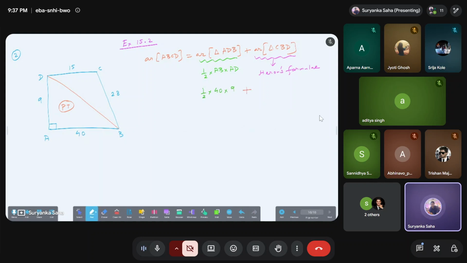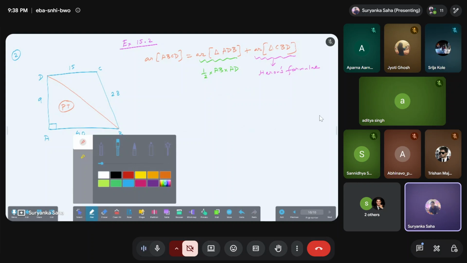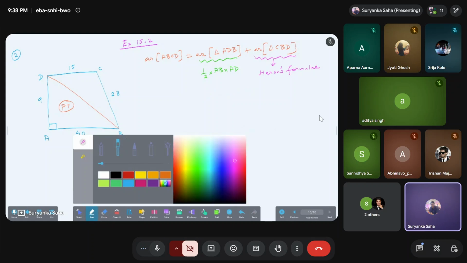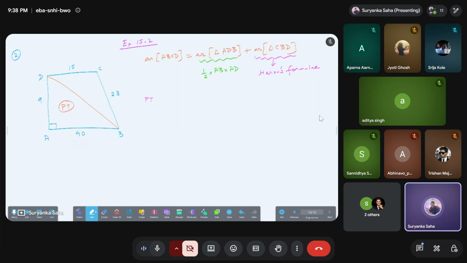So we will find out separately the CBD area. Let us find out separately. Don't write like this and put the values directly. So let me find out first CBD. Apply Pythagoras theorem first. So Pythagoras theorem on ABD.